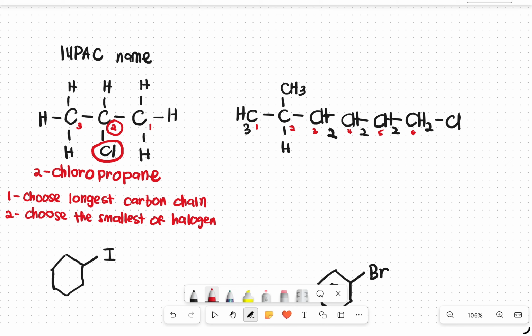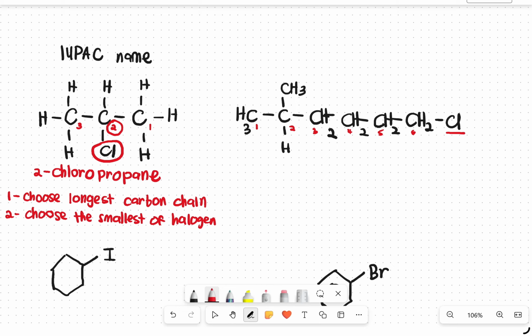But look at the chlorine. The position of this chlorine is located at carbon number 6 if you start from left to right. So it is not feasible. You should choose from right to left.